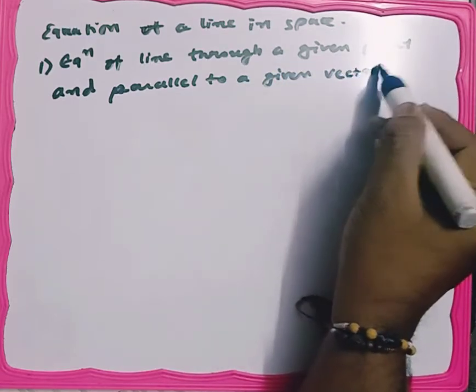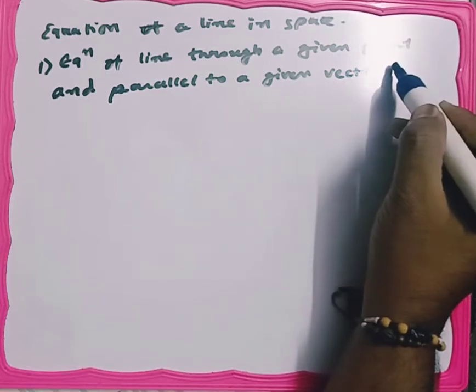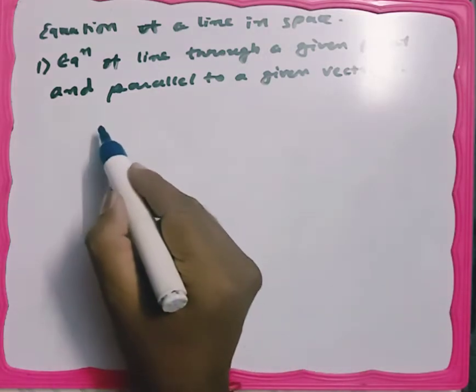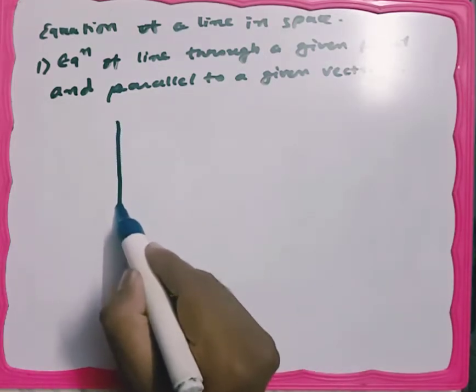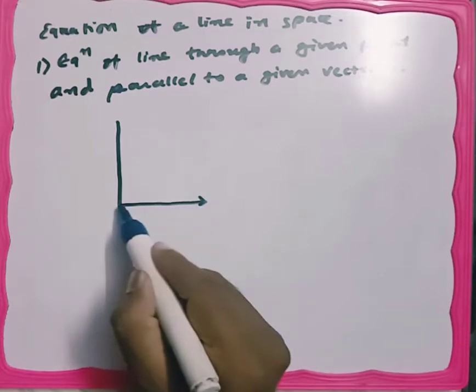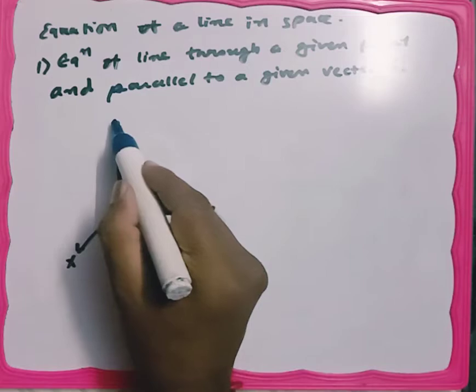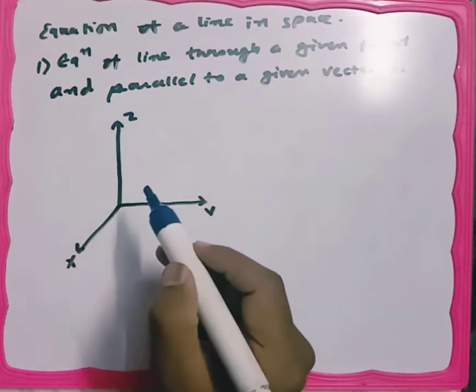Vector B bar. So we take the three-dimensional system: x-axis, y-axis, z-axis.